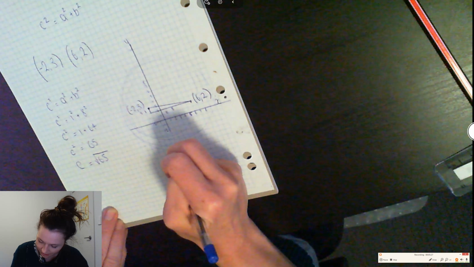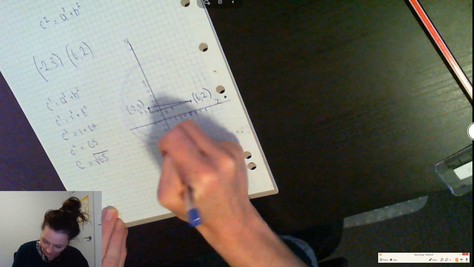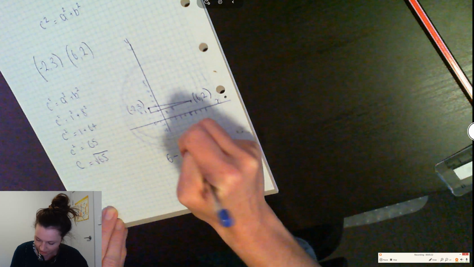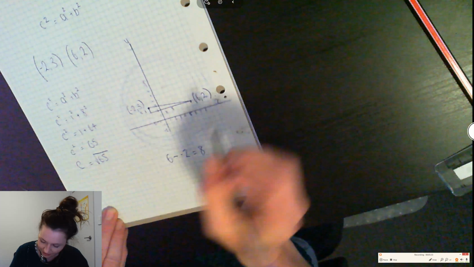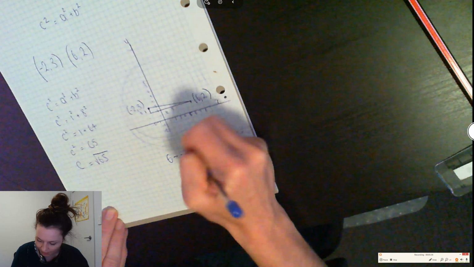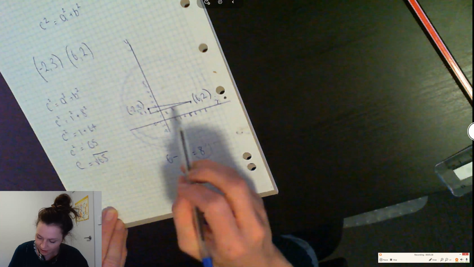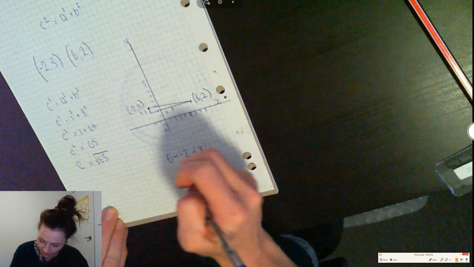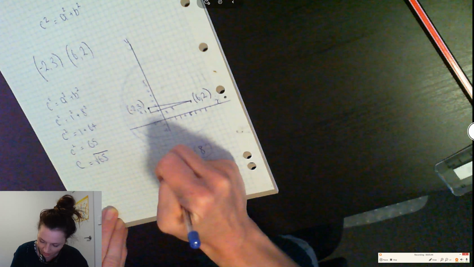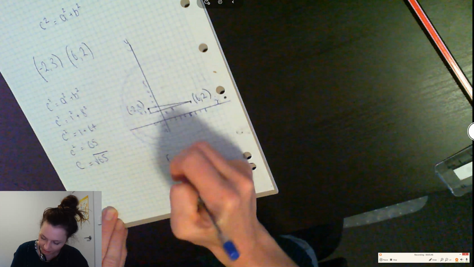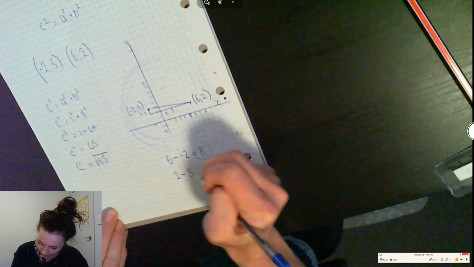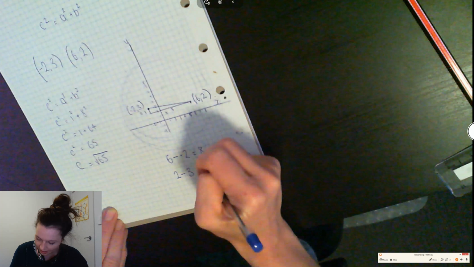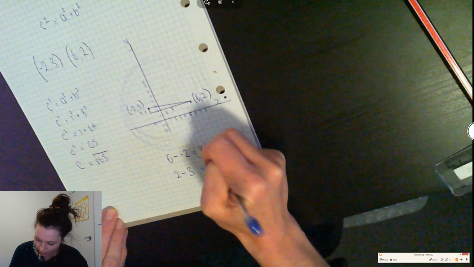So one way you could look at this is 6 subtract -2 is going to equal 8. That's one way of finding the distance of this segment. Then for y, on this second point, 2 take 3 is going to equal -1.